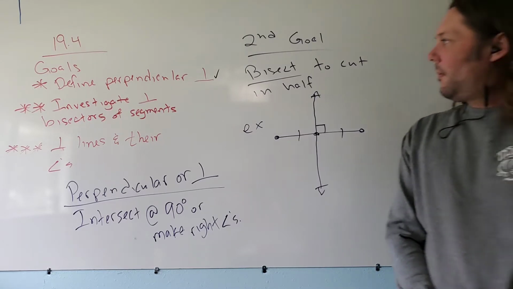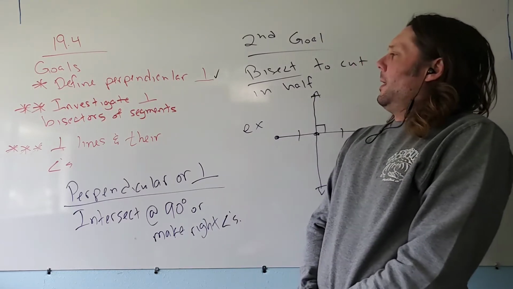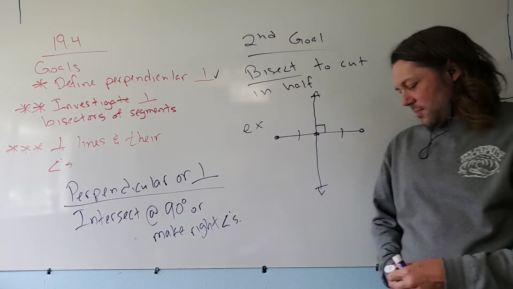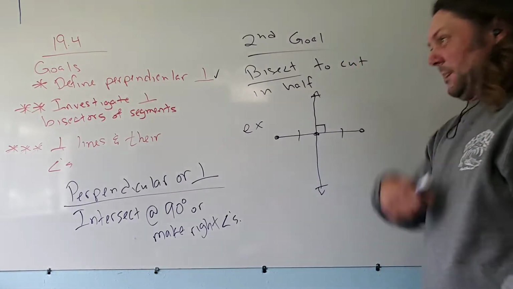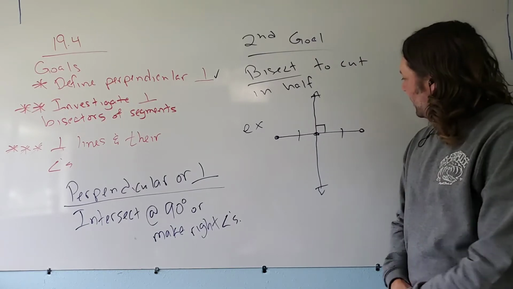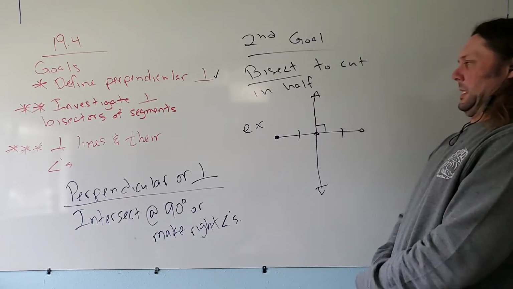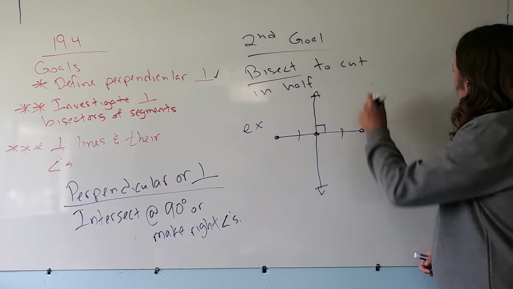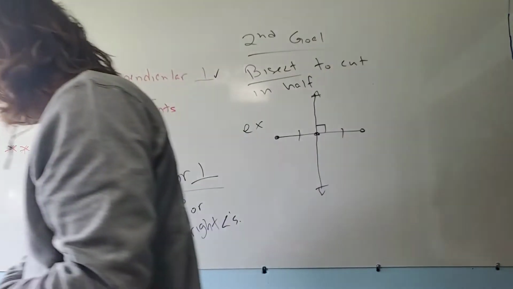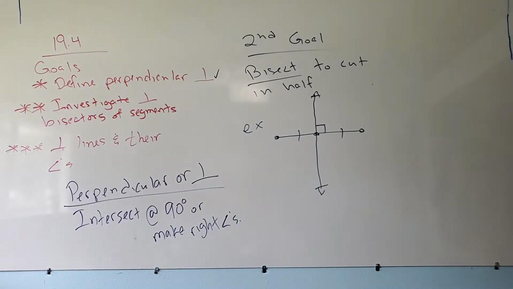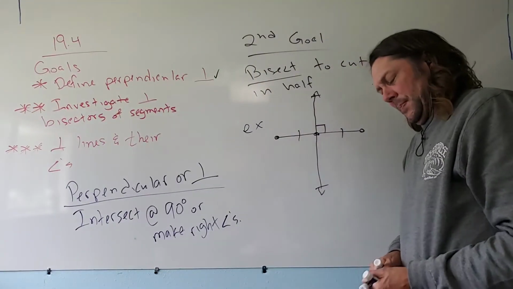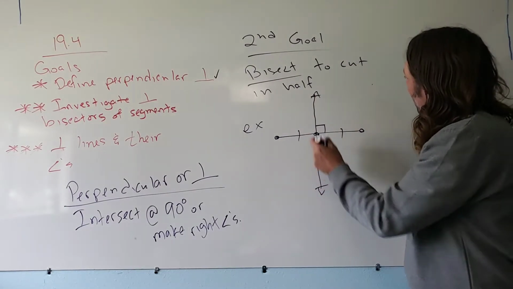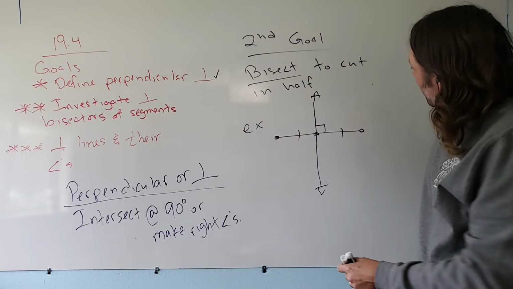Now, what we're going to investigate is we're going to look at this in two ways. The first way that we're going to look at it, and I just have a feeling red's not going to show up well, is: what does it mean if you're a point on the perpendicular bisector?